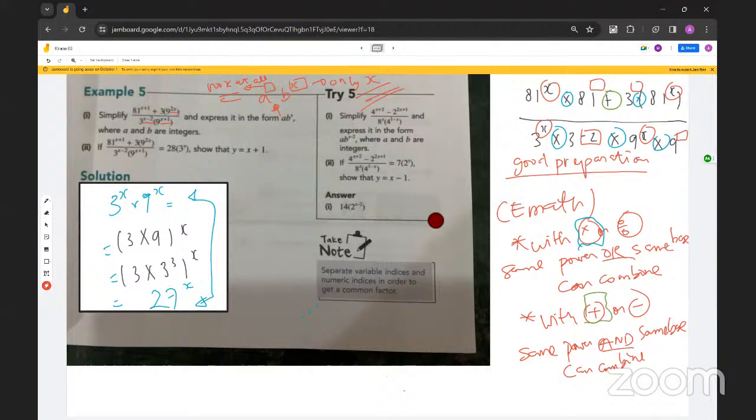The rest, you will notice, cannot be combined at all. Can this guy combine with that guy?